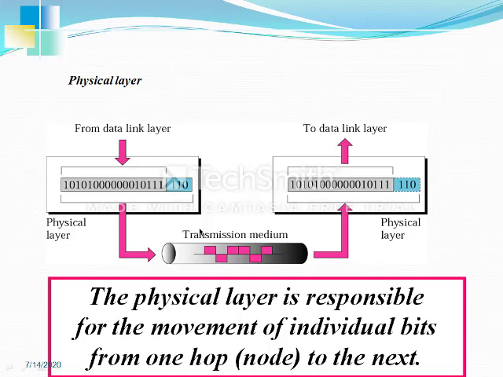So the data goes from the data link layer through the physical layer, through the transmission media, to another system, from one host to the destination node. The physical layer is responsible for the movement of individual bits from one hop to the next.